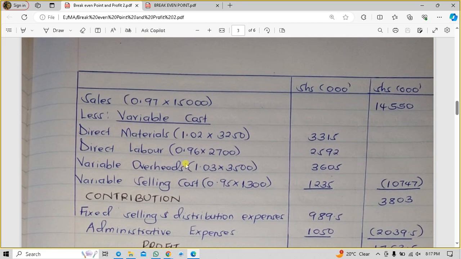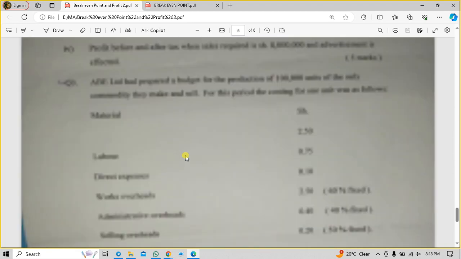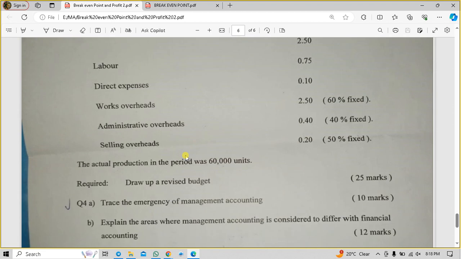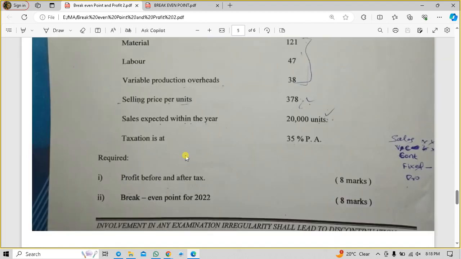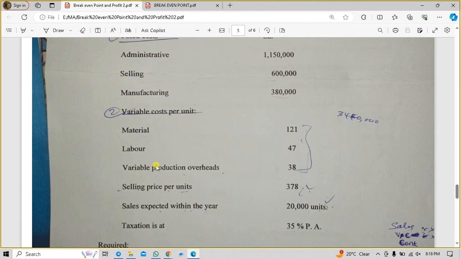So variable cost ya kwanza ni gani kwa hii swali? Material na labor, na pia kuna his ndo variable production overheads. So tuanze na material.